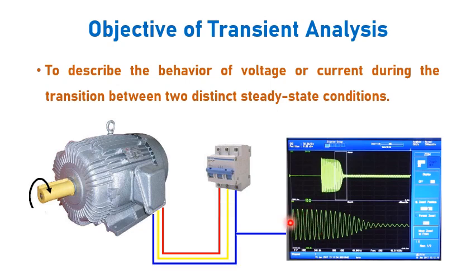You can see there is a huge current, and the magnitude of the current is slowly decreasing and comes back to a normal value. So this is a steady state, and this is another steady state. In between these two steady states there is a transient state. In this video we will discuss how this transient occurs in a circuit containing inductors and capacitors.